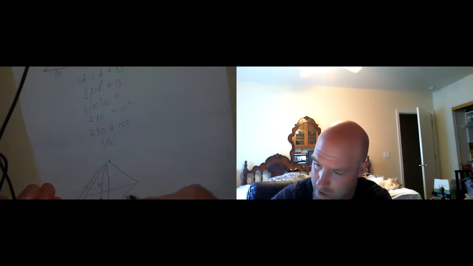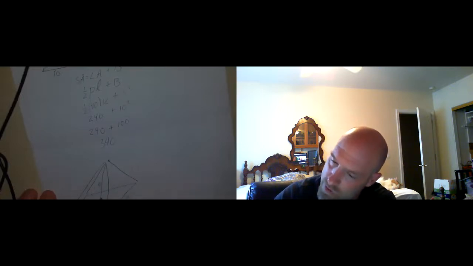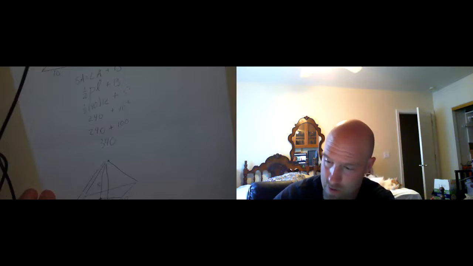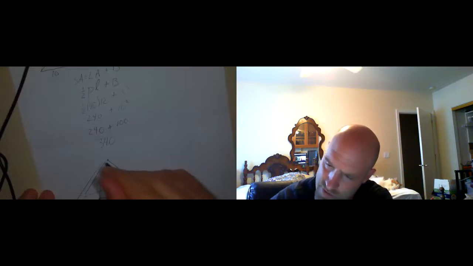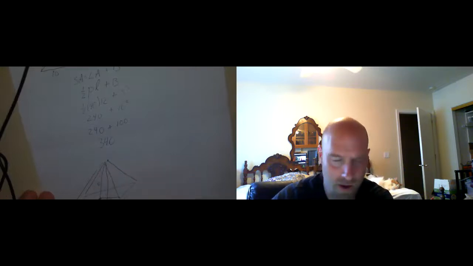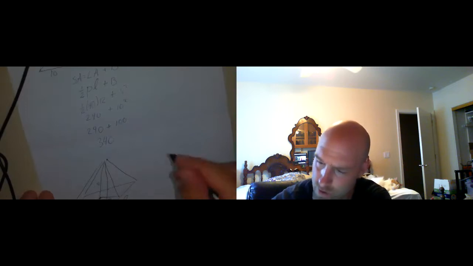We'll make that 10. Well, I would draw in this apothem of the base. Well, it's a square, so the apothem is half of the length of the side. And to find my slant height, I might have to bug my good friend Pythagoras here.